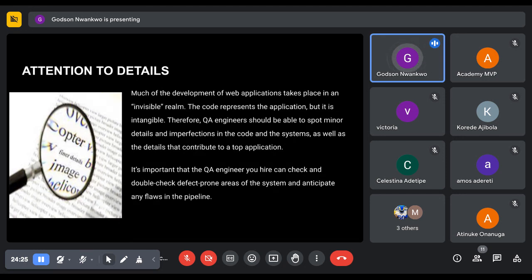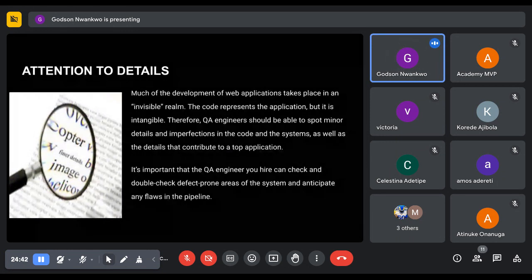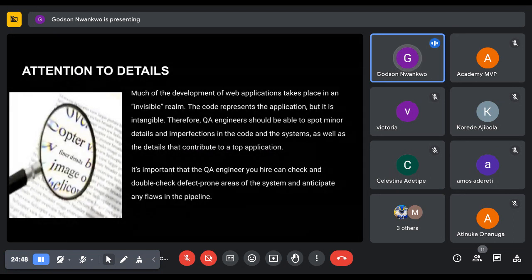Some will say it's not a bug, it's not an issue, but anything that does not correlate with the design and what is expected to give the user a good user experience is termed or tagged to be a bug.